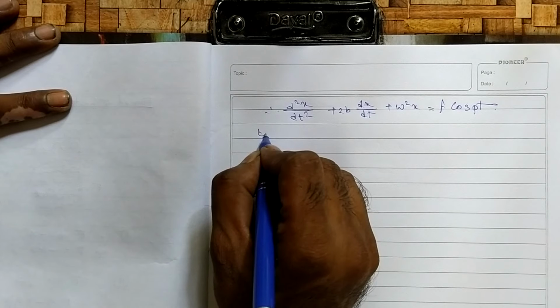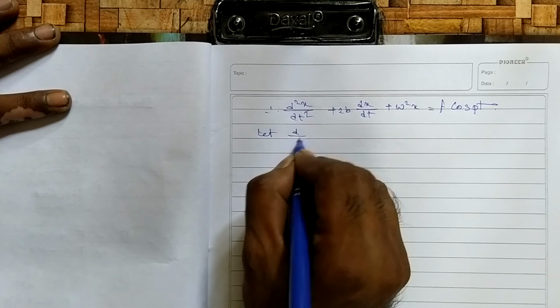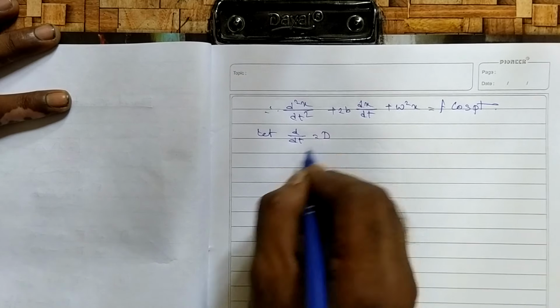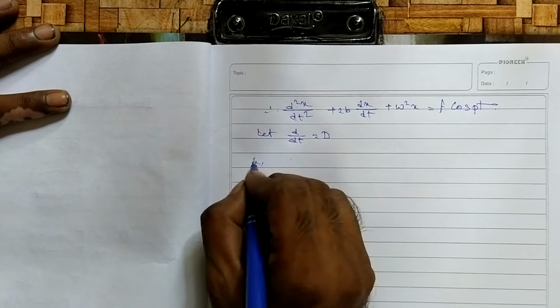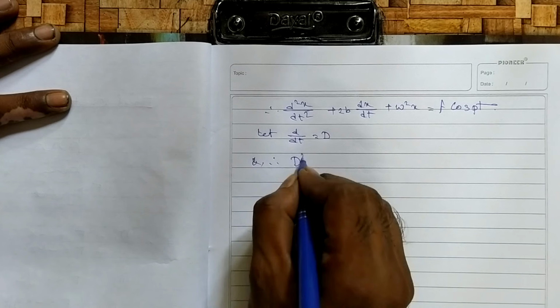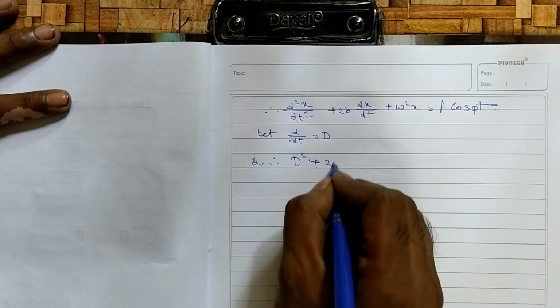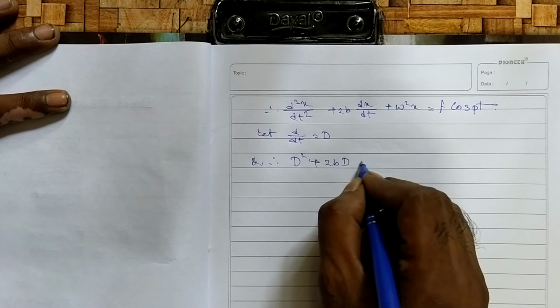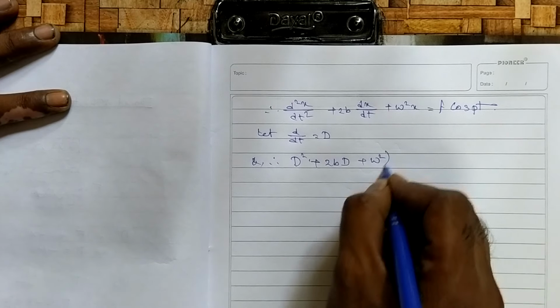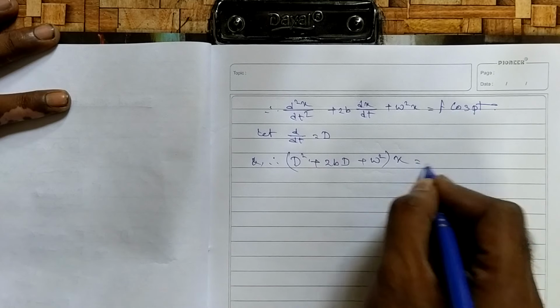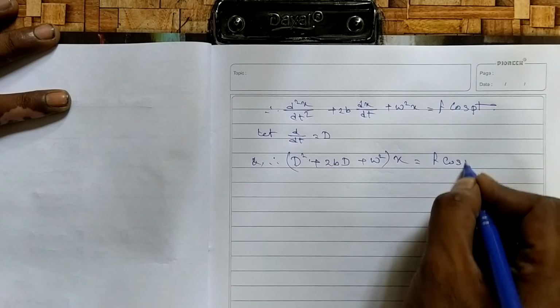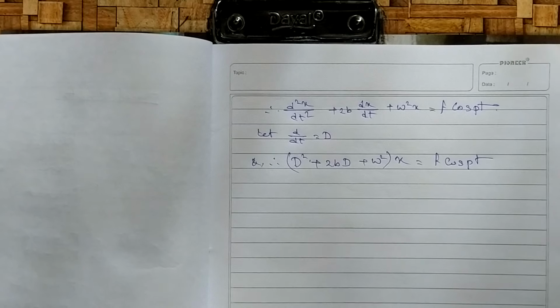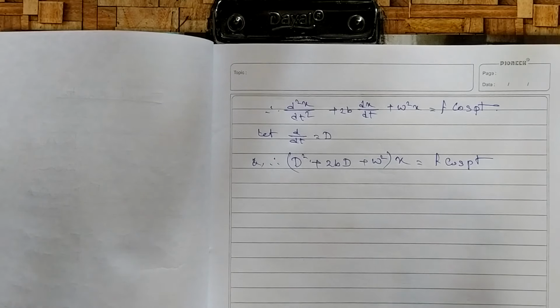Again, like the damped oscillation, let d/dt be equal to D. Then (D square plus 2bD plus omega square) x is equal to f cos pt. Is it clear?